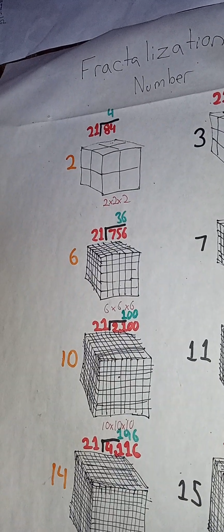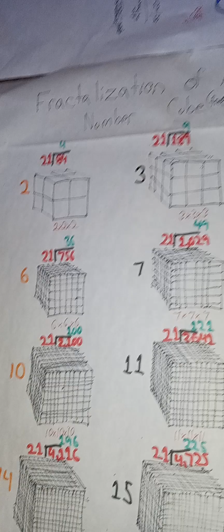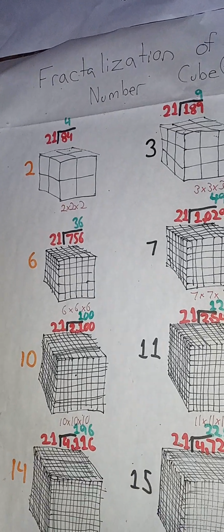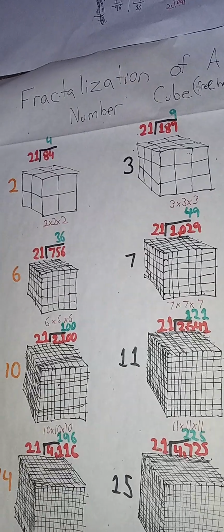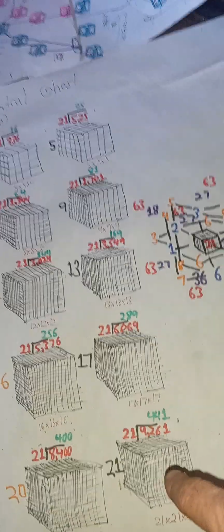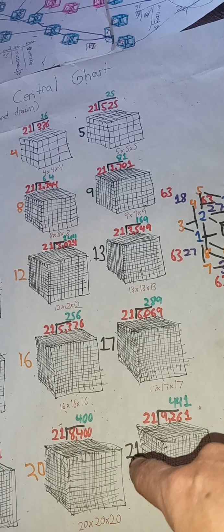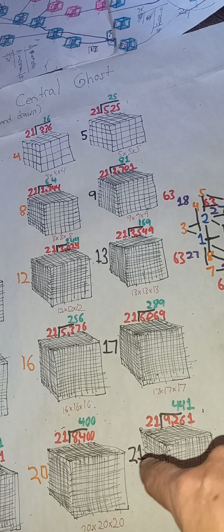But it doesn't have to end there. I showed right here on this fractalization chart how a 2x2x2 and a 4x4x4 can nest. You can start at 21, a 21x21x21, and that's an odd cube.